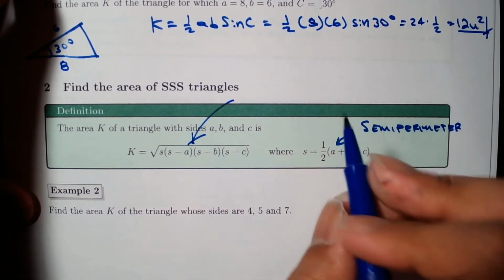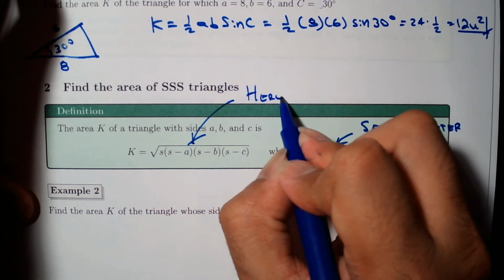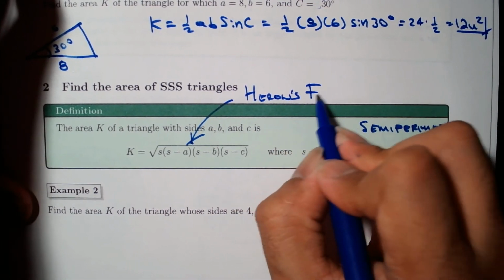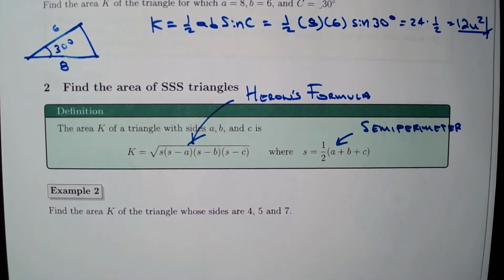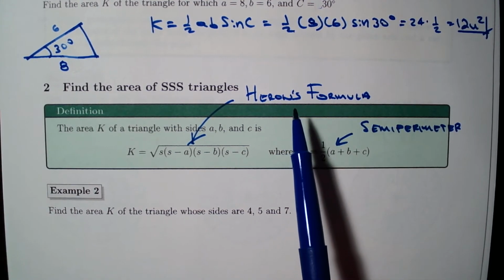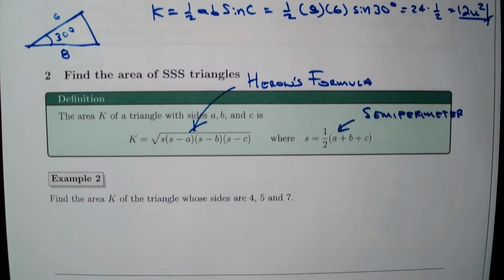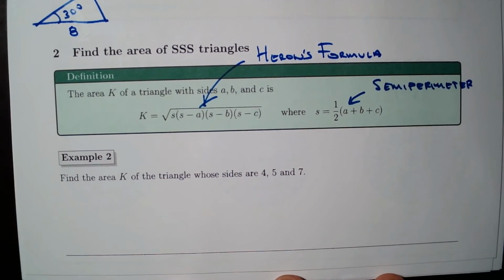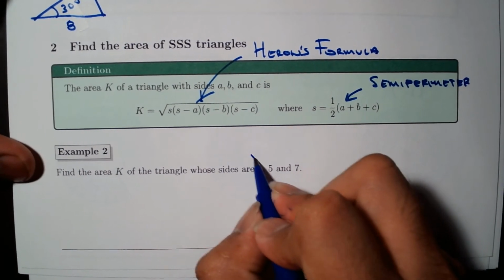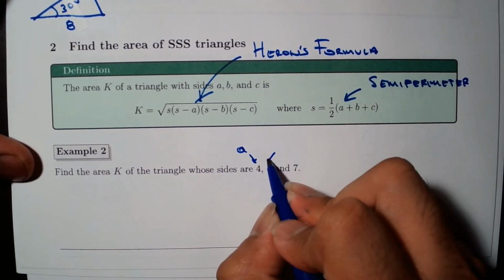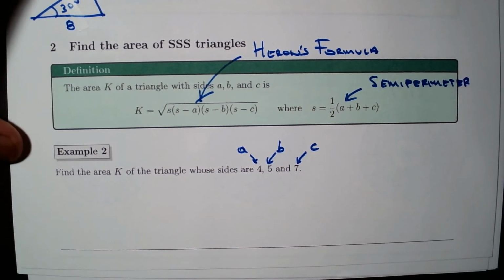This is also known as Heron's formula, named after the mathematician Heron of Alexandria, who came up with it. Let's find the area K of a triangle whose sides are a equals 4, b equals 5, and c equals 7.